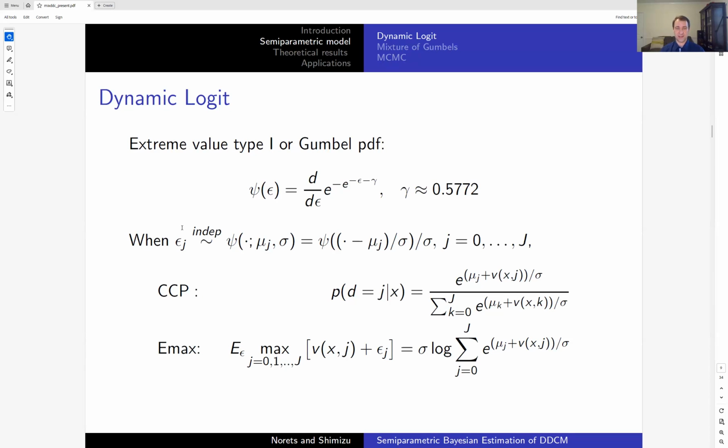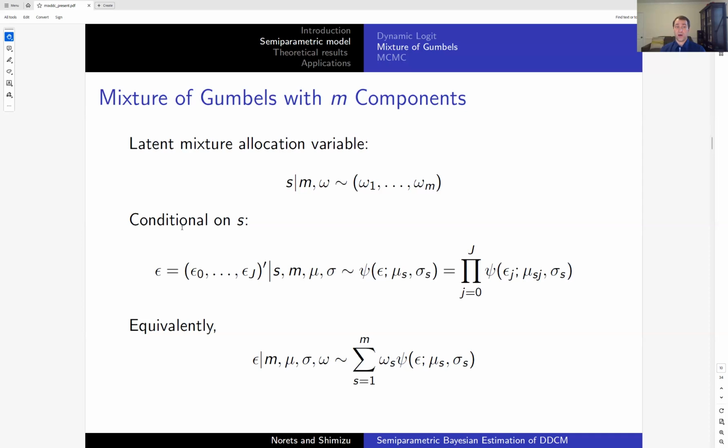Now, when we use mixture models, it's convenient to represent mixtures as first drawing this allocation variable S, and conditional on the allocation variable, our epsilon just comes from an extreme value distribution with corresponding location mu_sj and scale sigma_sj. Of course, equivalently, it's just a mixture model for the epsilon, just one way to write it.